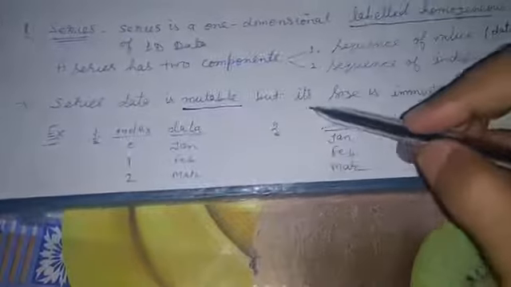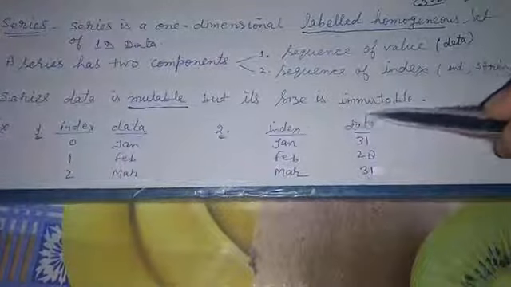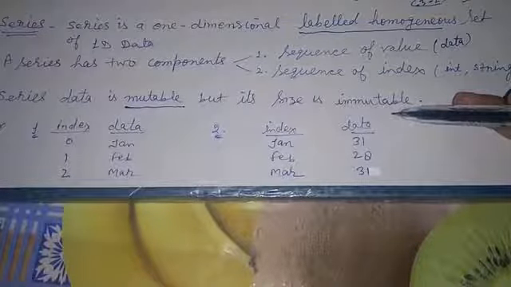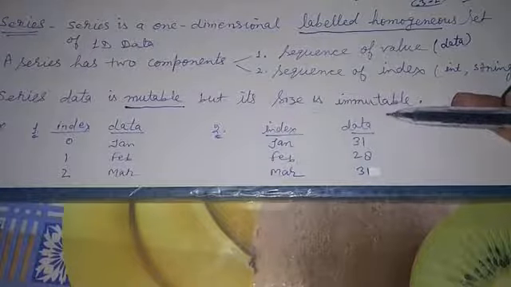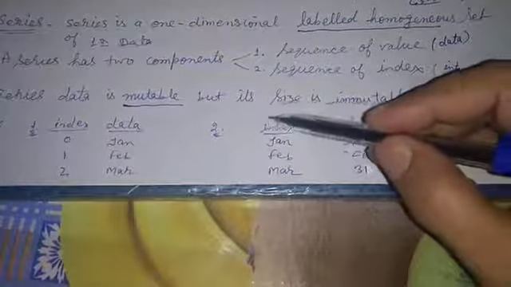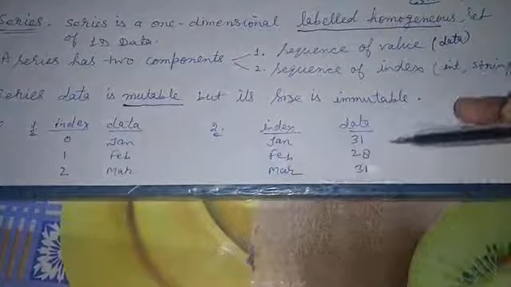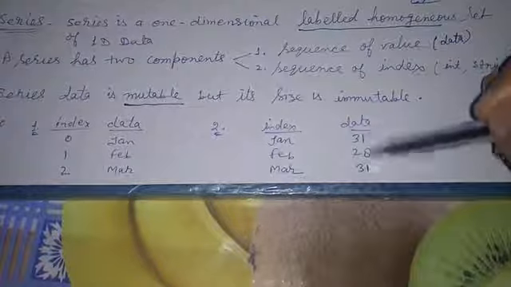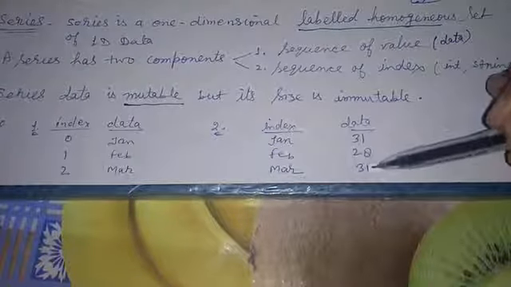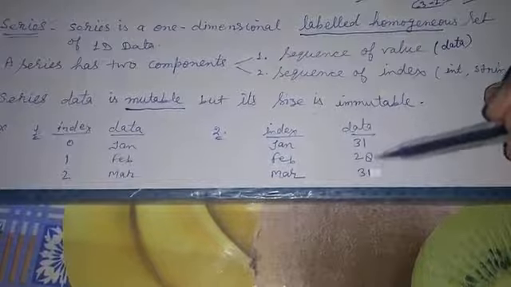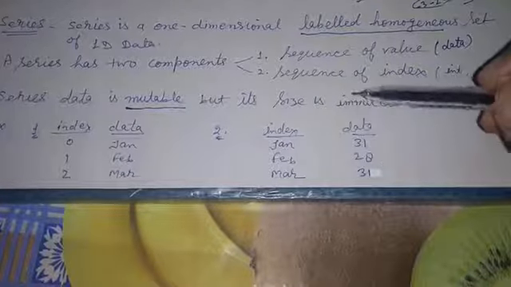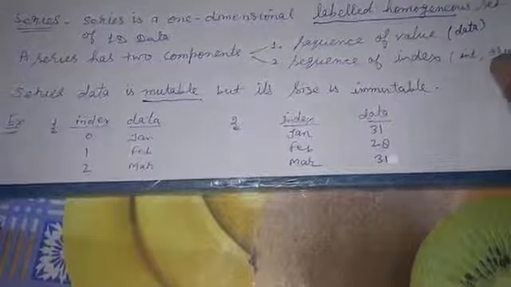So series data is mutable, but its size is immutable, which means you cannot change the size of the series once created. For example, if I created this series with this data, I cannot add or remove data from the series. However, I can change the values of the series.